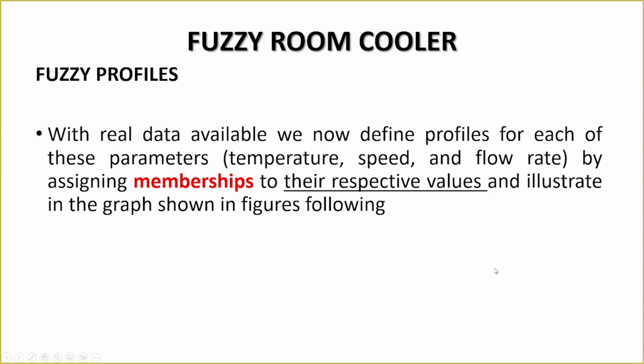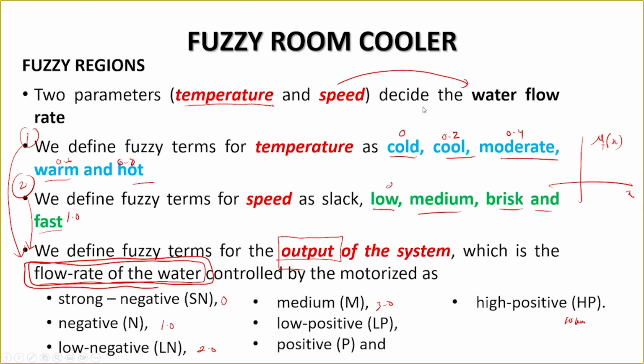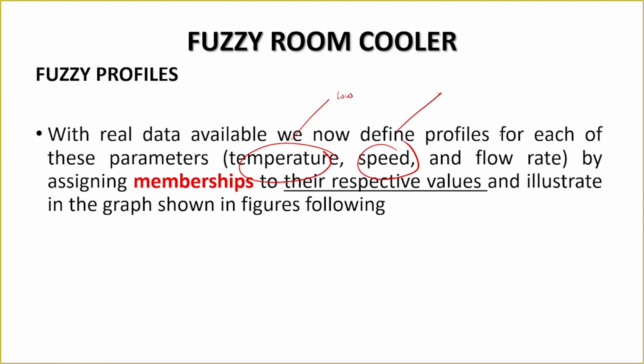Okay, so therefore, with the real data available, we now set the temperature as what we have just now, cold, low and so on. So for the speed we have here, oh sorry, this one is cold, this one is low. How about this one, negative, P, and LP and so on.